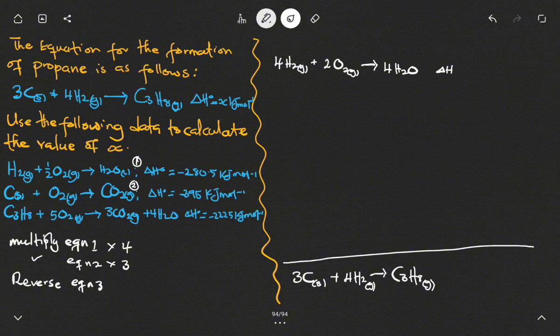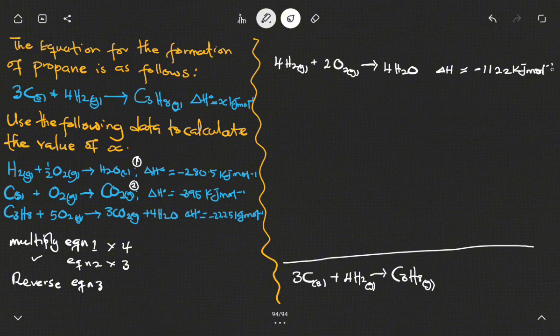So this is going to be equal to minus 280.5 times 4, and this one will give us minus 1122 kilojoules per mole.